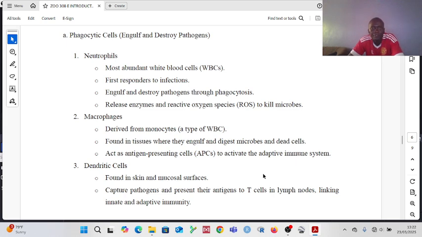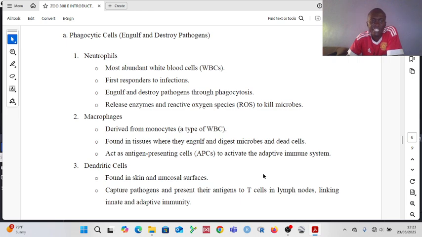Okay, so you remember when we are talking about the major histocompatibility complex, the class 1 and the class 2. We talked of the class 2, which now deals with the antigen presenting cells. One of the cells we mentioned there were the macrophages. The dendritic cells are found either in the skin or on the mucosal surface.